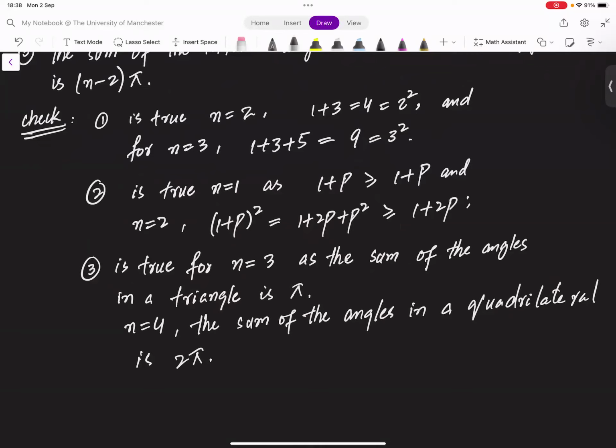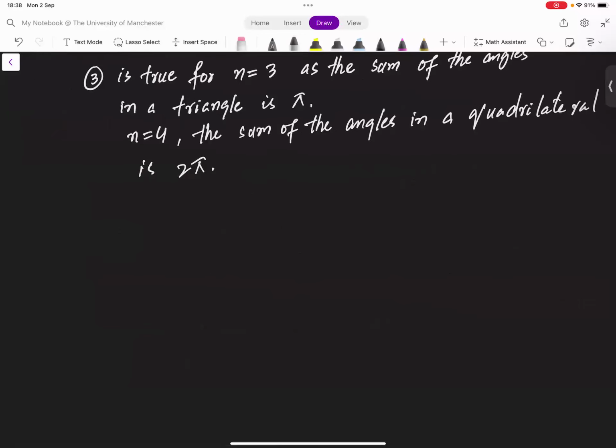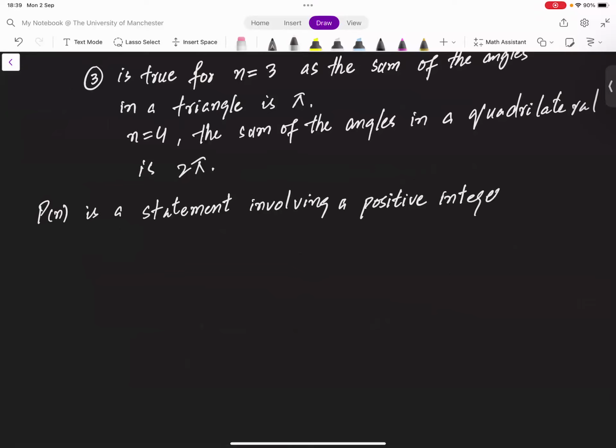In it, we denote by P of n, a statement involving a positive integer n.